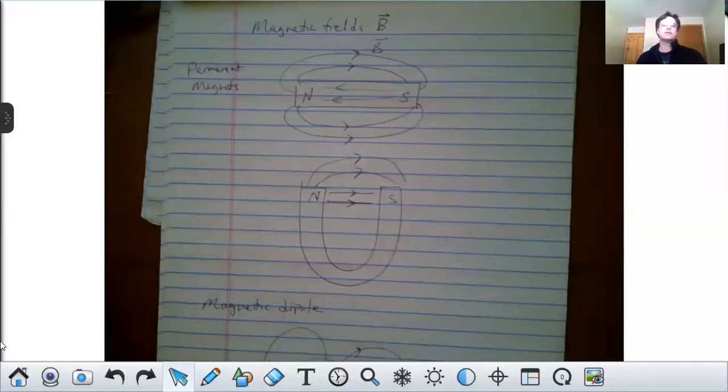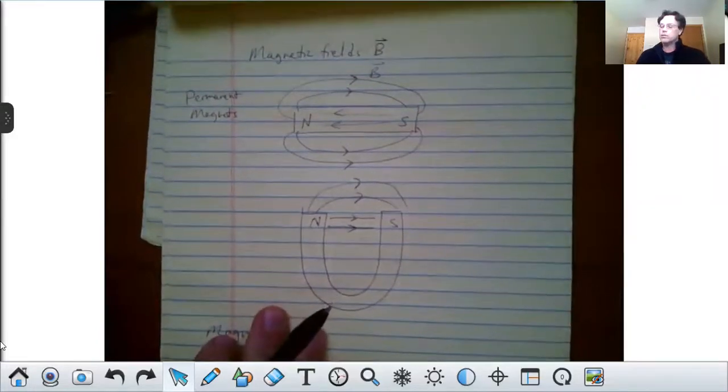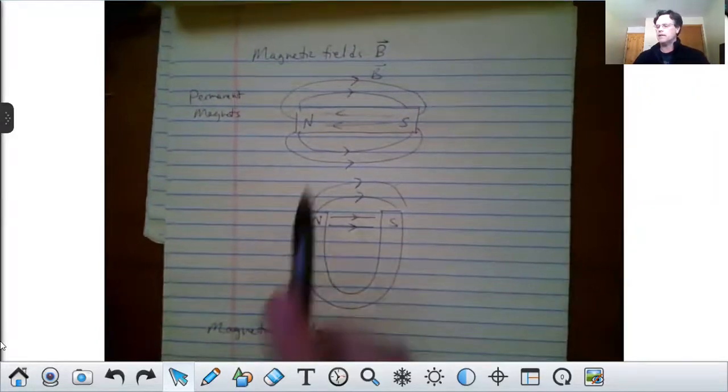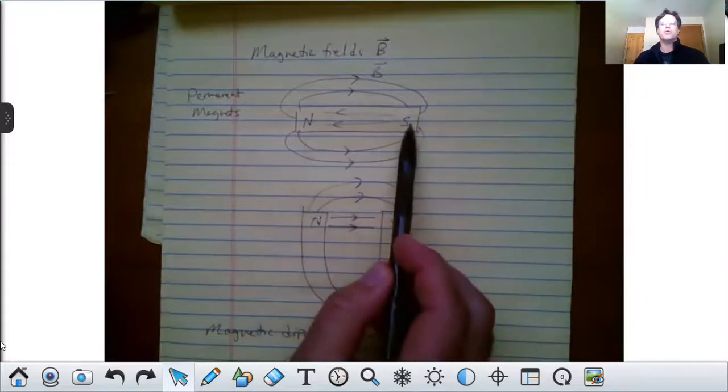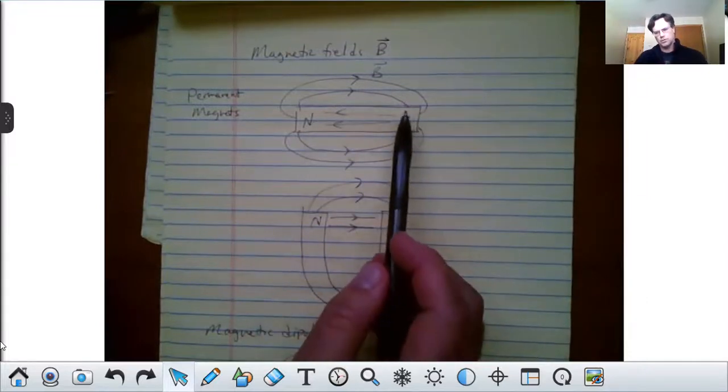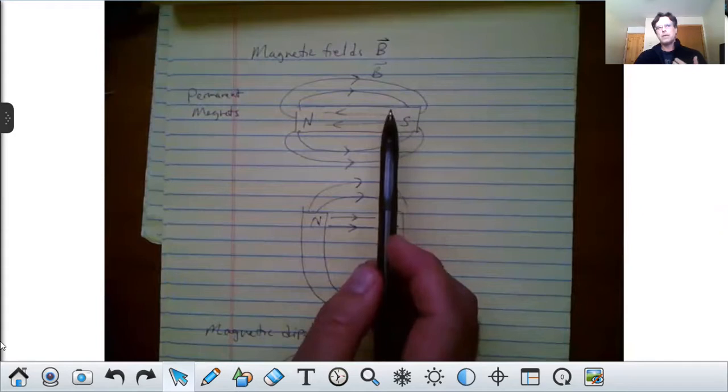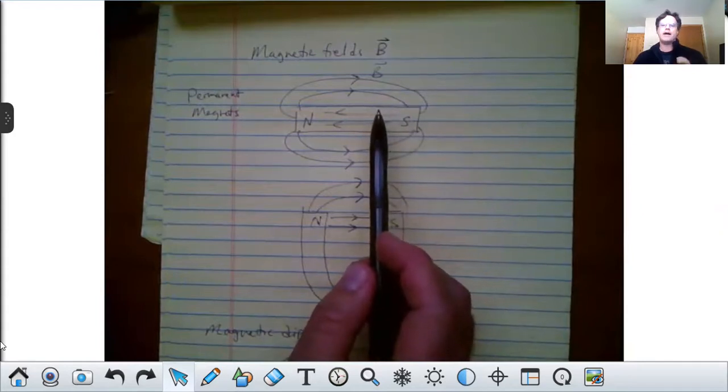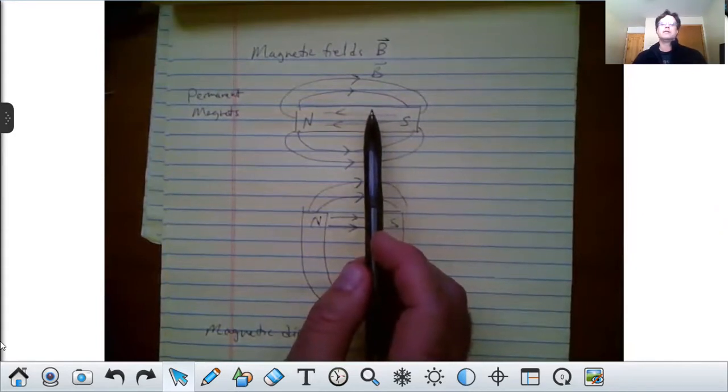So first of all, though, I'm sure a lot of you have dealt with permanent magnets at some point in the past, maybe a bar magnet with a north and a south pole. And I just want to mention, in the next chapter, we'll talk a little more about how magnetic fields are created.